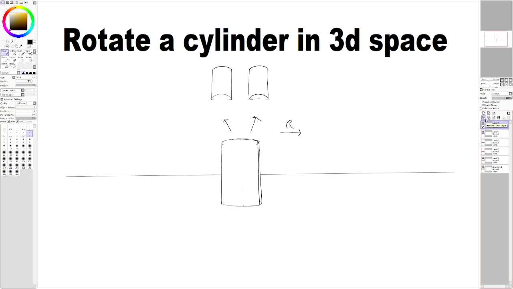Basically when you rotate it more, our line is going to be out of view. At this point it would be right there, the edge of our visibility.